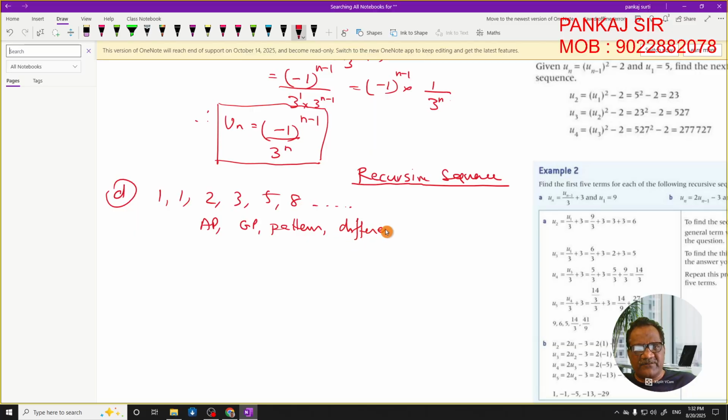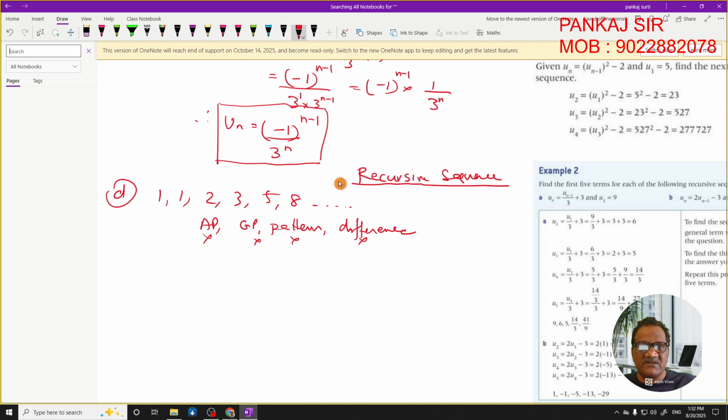I taught you one difference method: first difference, second difference, third difference. That difference method is also not giving you any hint. So all of this is not working. So what kind of sequence is this? Is this a new type of sequence? The answer is yes, it's a new type of sequence.